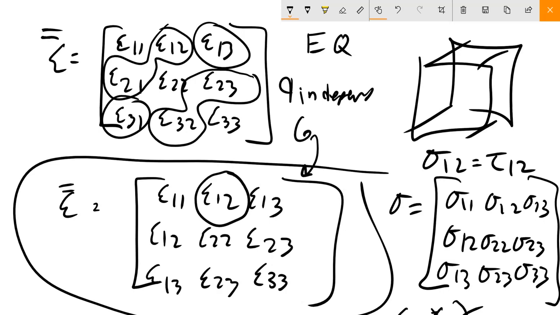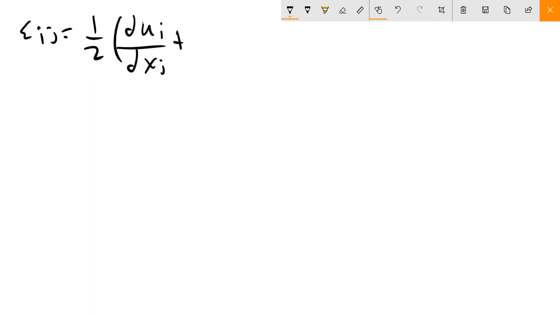But basically, the nuts and bolts of it is that our tensorial definition of strain is going to be defined by this equation. So the partial of displacement u_i with respect to x_j plus the partial of u_j with respect to x_i.